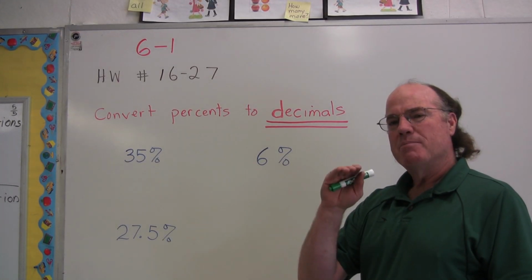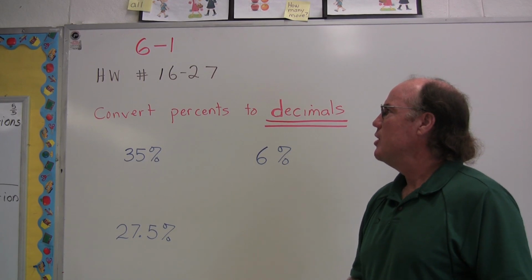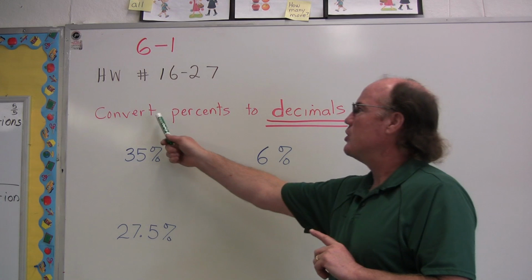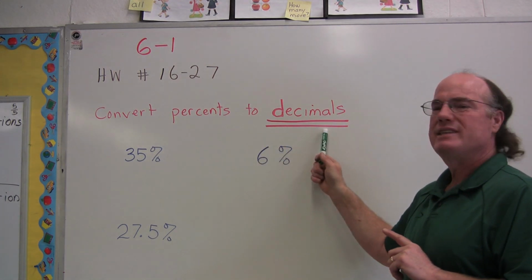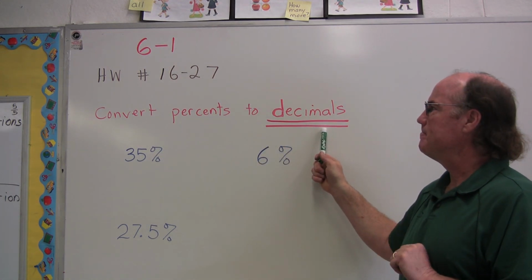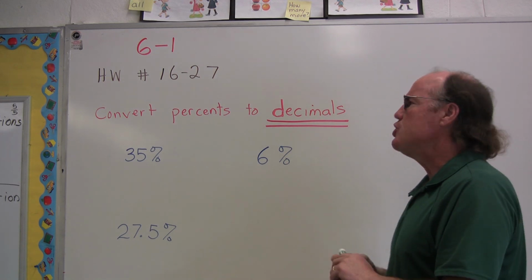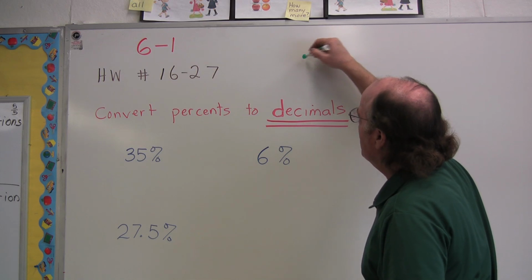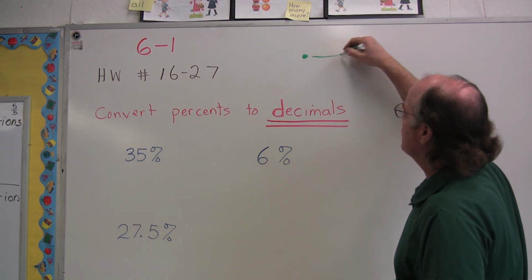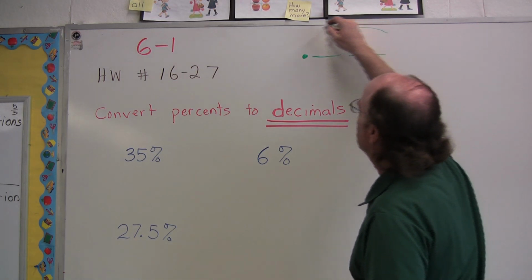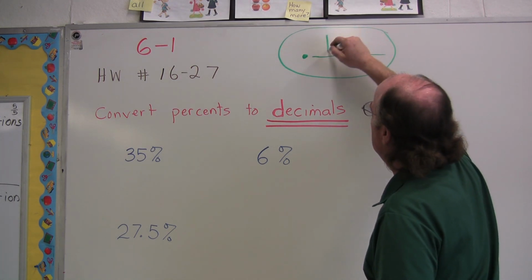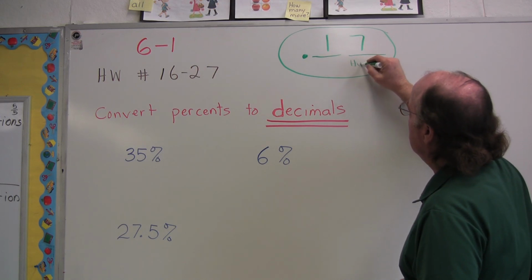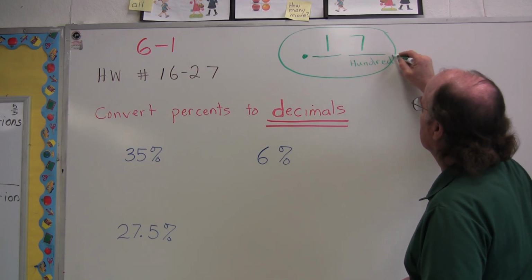Now in the bottom part of the homework page, we won't be converting percents to fractions. Instead, we'll convert percents to decimals. Now, let's just remember that with decimals, if we go decimal point, slot, slot, if we have decimal point, then 2 numbers, remember, this is 17 hundredths.